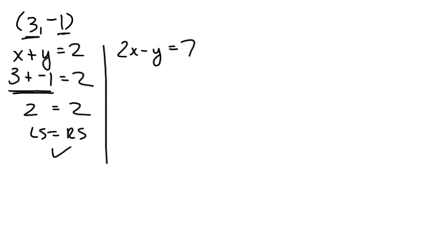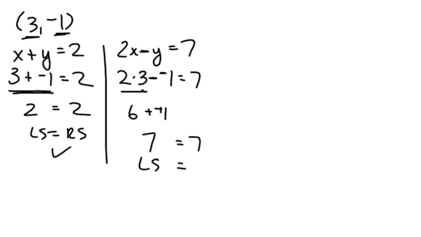Second equation in our system, plug my x in, plug my y in: 2 times 3, subtract y, which is -1, so I want to subtract -1, which gives us 6 subtract -1, change it if that helps you. 7 equals 7, left side equals right side, so we know the 3, -1 is the correct solution.